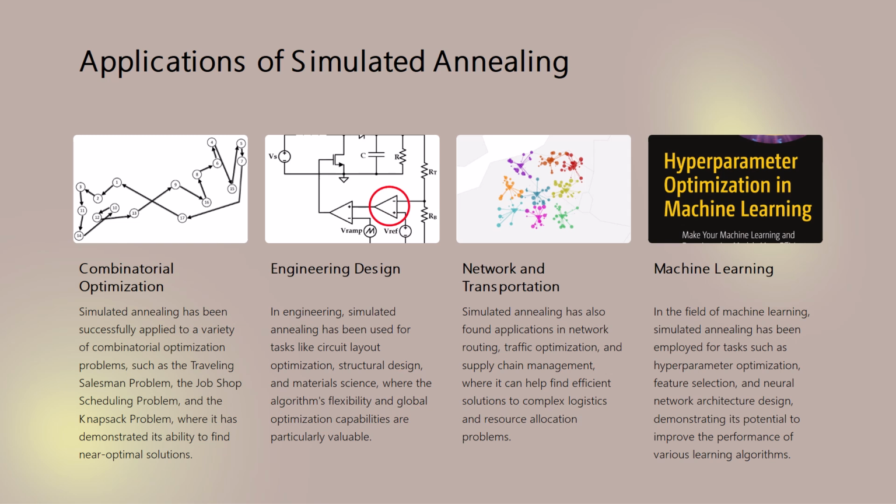Simulated annealing has been successfully applied to a variety of combinatorial optimization problems, such as the traveling salesman problem, the job shop scheduling problem, and the knapsack problem, where it has demonstrated its ability to find near optimal solutions.